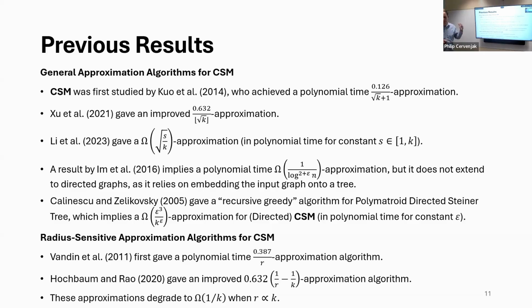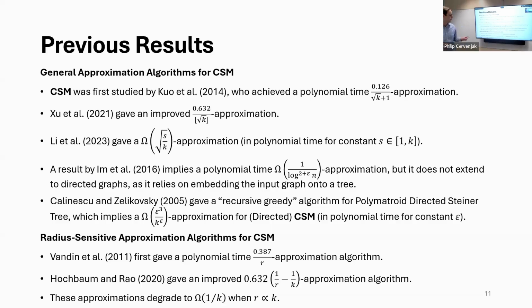And actually, there are some more sophisticated results that are not explicitly written in the literature, but I think they're still worth mentioning. A result by Im implies a polylog approximation depending on the number of vertices. But it's not as useful because it doesn't extend to directed graphs. It requires embedding the input graph into a tree, and that technique doesn't work for directed graphs.